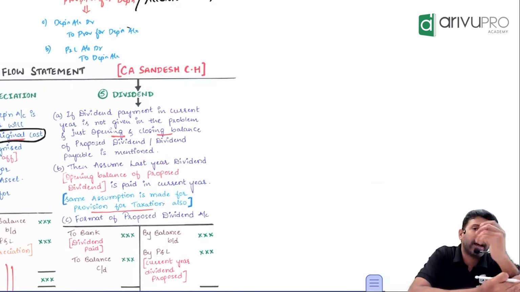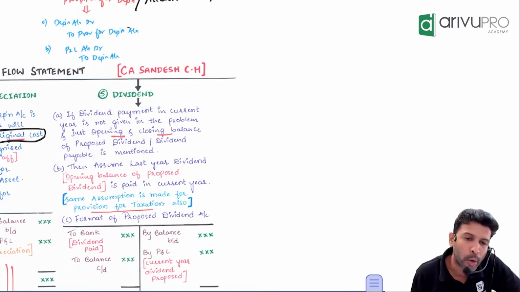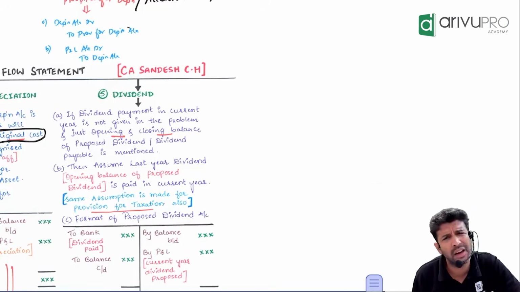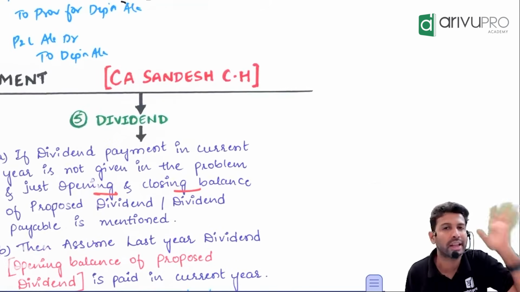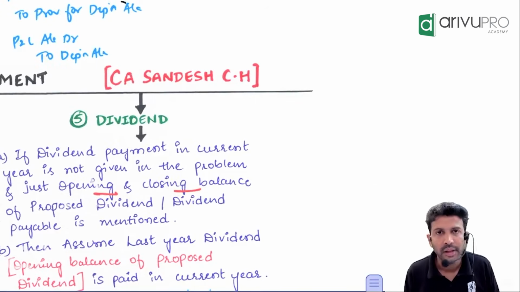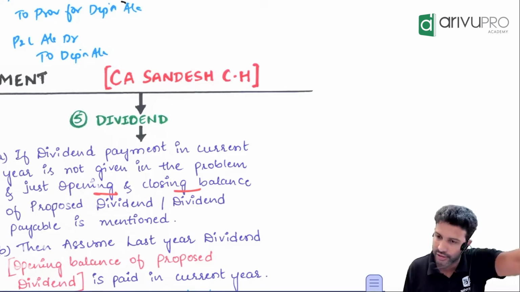Okay. The next adjustment we need to be aware of is dividend. Proposed dividend or dividend payable, final dividend, they'll give many names. It's fine. So dividend you need to be a little aware of. What they will usually do is in the cash flow statement, they will give you how many years' balance sheet? Two years'.